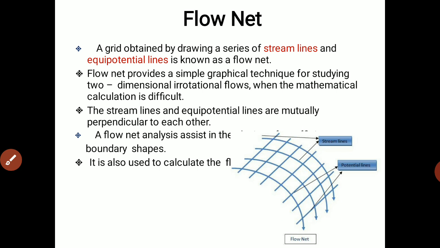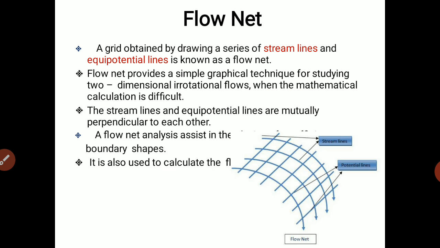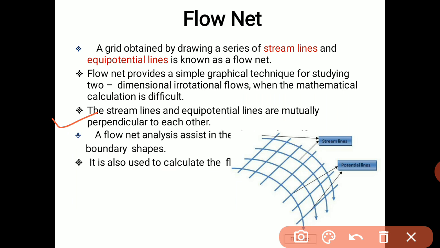A flow net provides a simple graphical technique for studying two-dimensional irrotational flows when the mathematical calculation is difficult. The streamlines and equipotential lines are mutually perpendicular to each other. Just remember this very carefully. They do not cross each other's path; they are always perpendicular to each other.